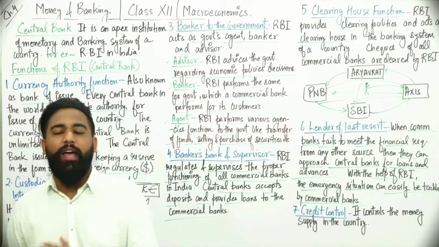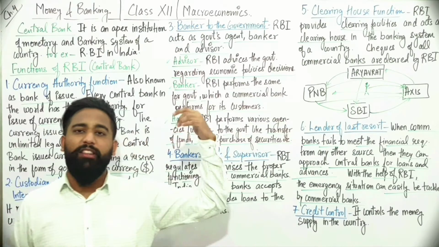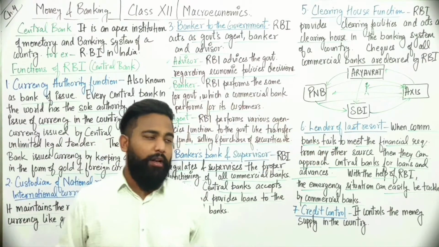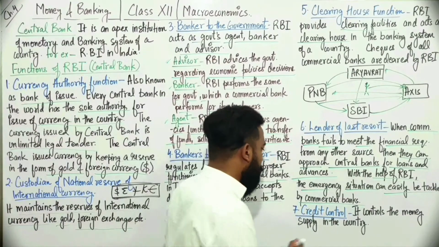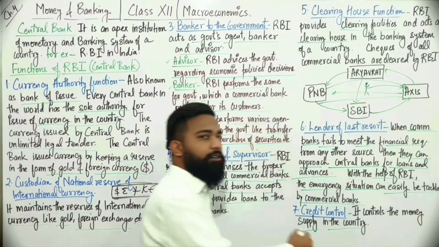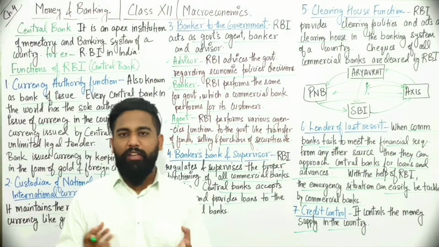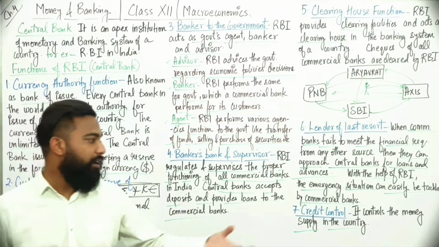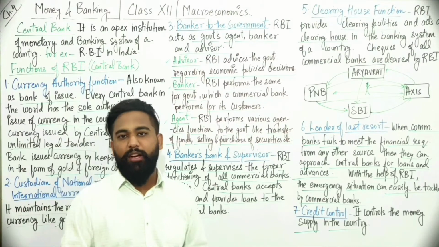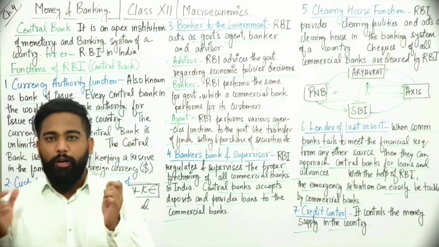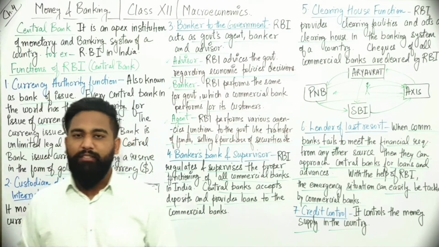So the RBI can control the limit of giving loans to the people. Basically credit control means it controls the money supply in the country, the total amount of money held by the people, that is the money supply. So they control the money supply in the country so that people don't have too much money with them.